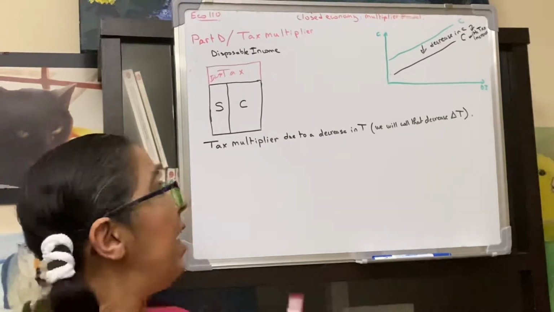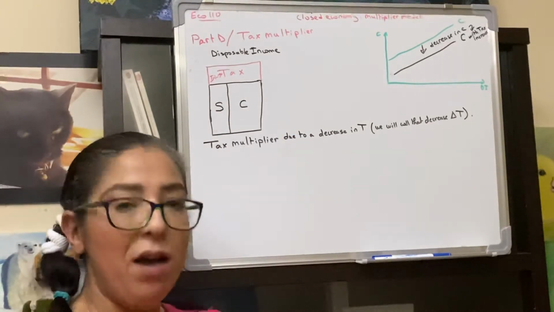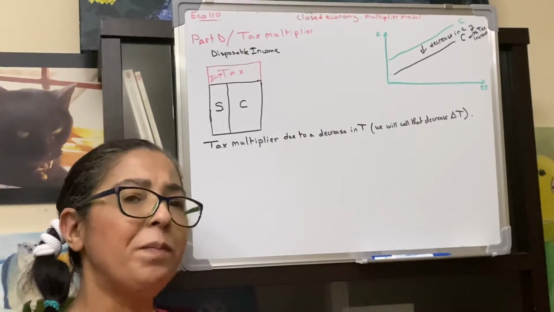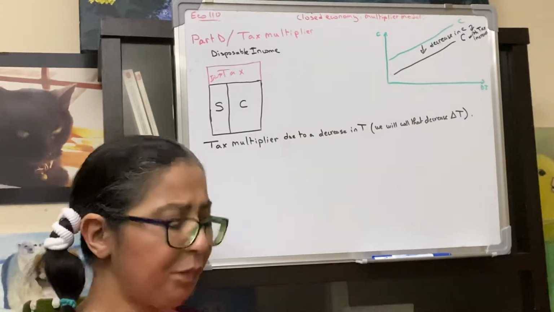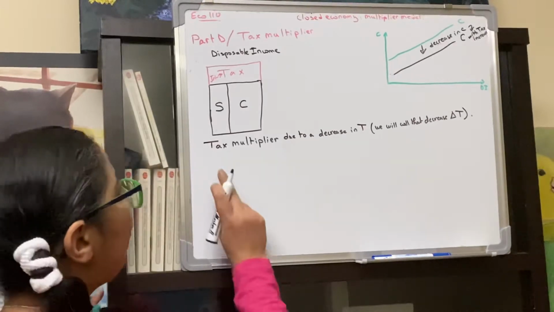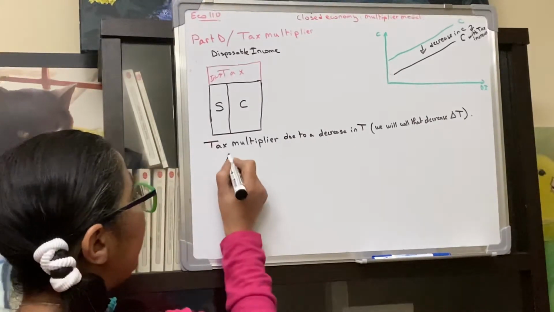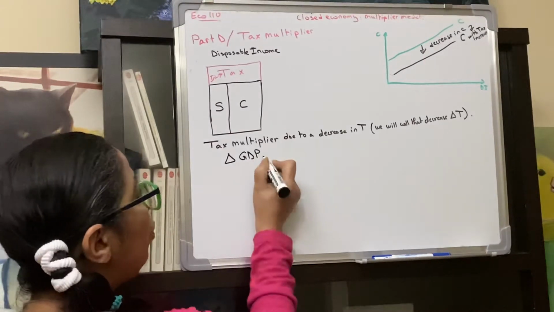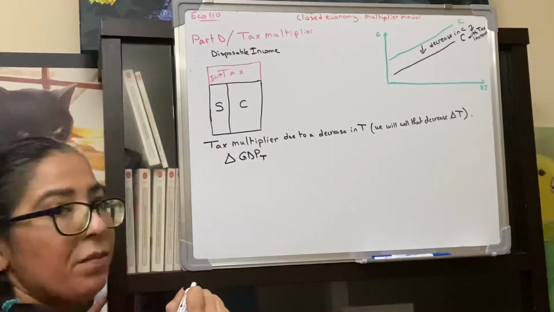Is that increase in income all gonna go to the GDP? Let's see what's gonna happen. I'm looking for the change in GDP due to the tax decrease.